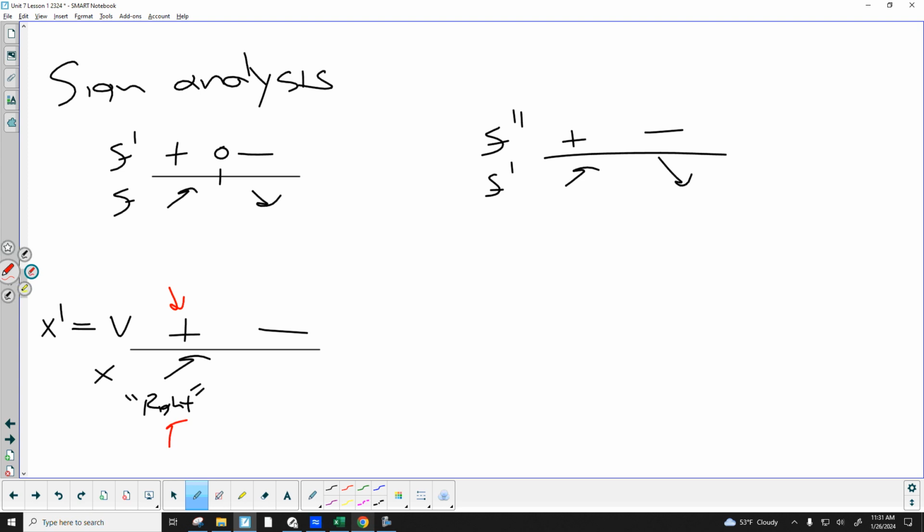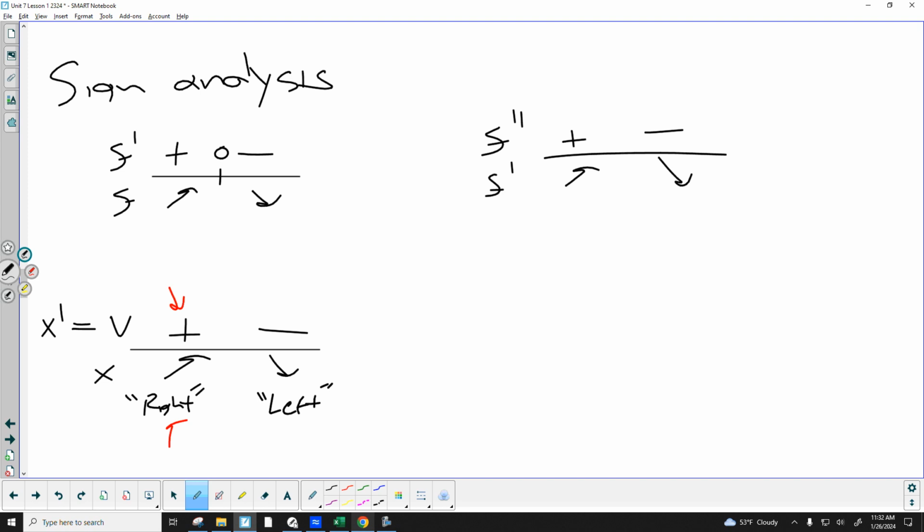If velocity is positive, the rate of change of position is positive, position's increasing, I'm moving to the right, if we're talking about on the x-axis. If x prime is negative, x is decreasing. If my position is decreasing, I'm moving left.